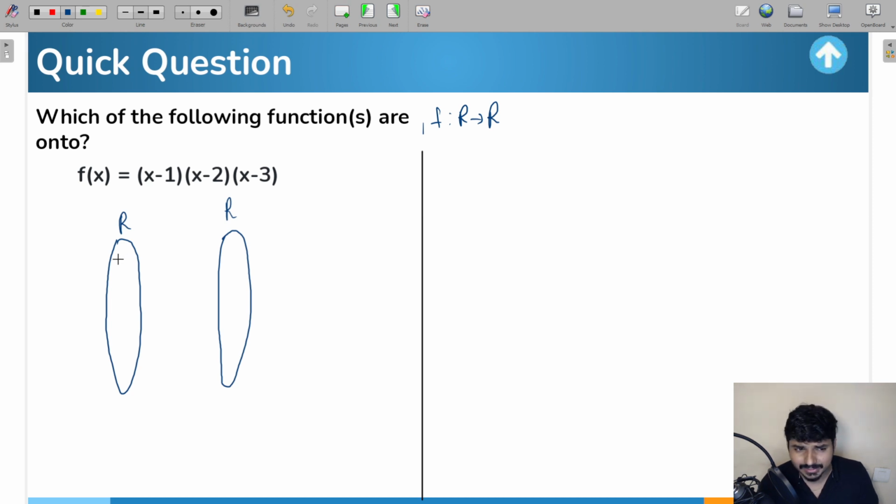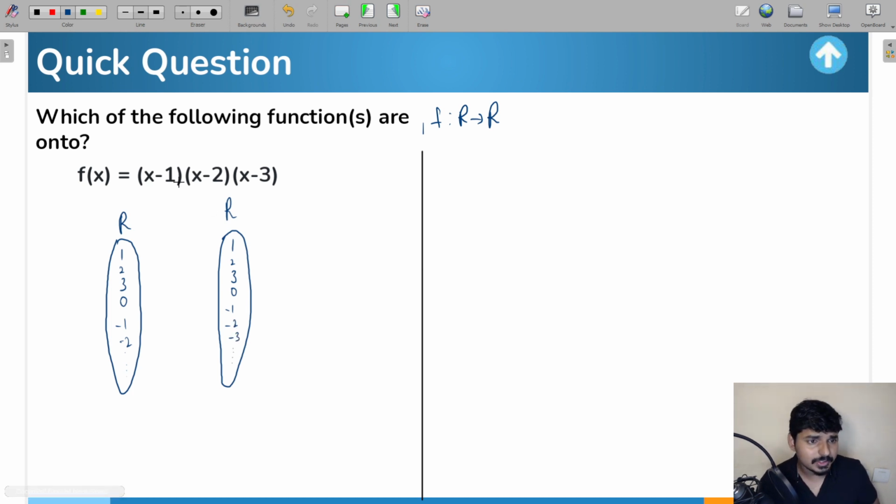Inside the first set, you can take 1, 2, 3, 0, -1, -2, any values. In the second set also, you can take any values like 1, 2, 3, 0, -1, -2, -3.